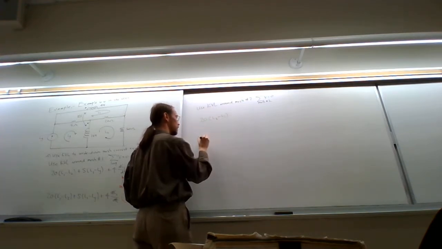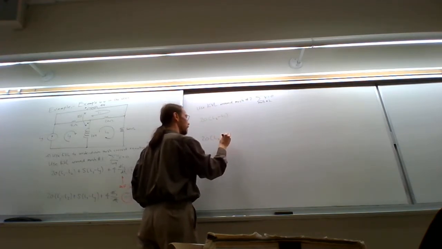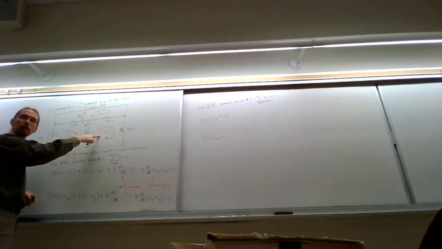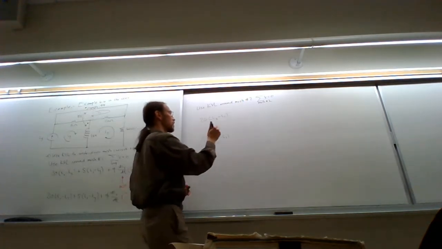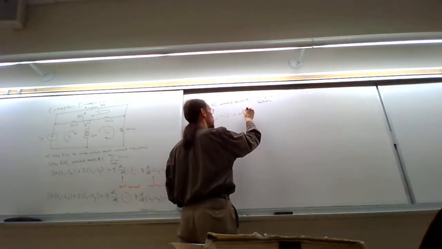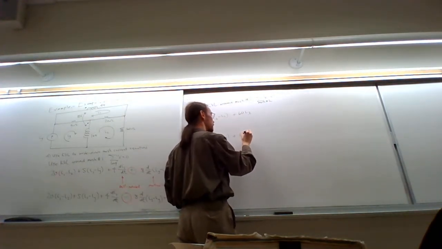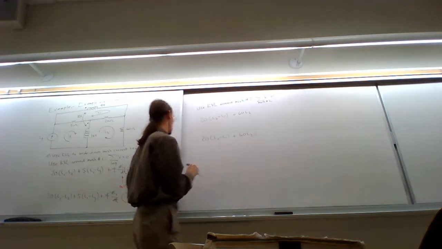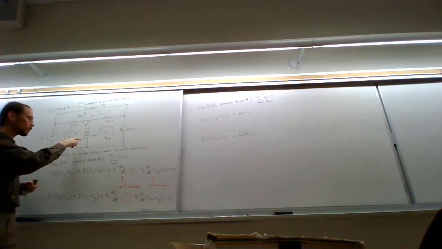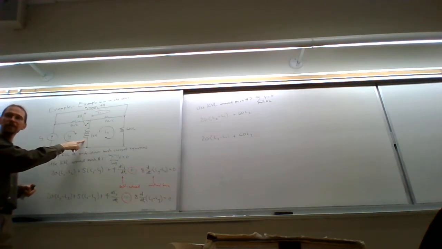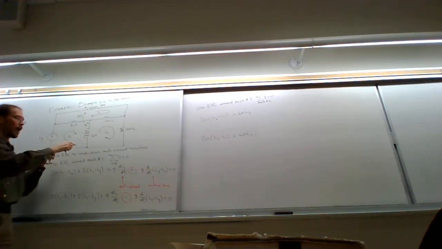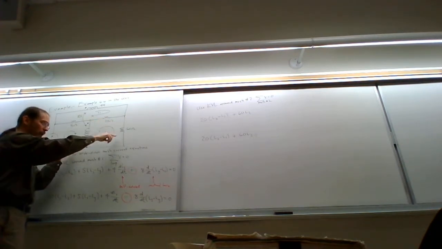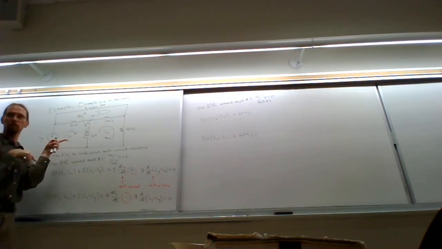And I'll copy this down here too. I then go through my 60 ohm resistor, only I2 exists there. I'm going the same direction, so it's plus 60 times I2. And then I go through this inductor, right? Now I'm adding up my voltages in my loop in this direction, right?